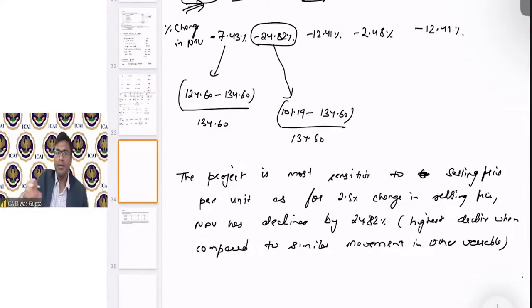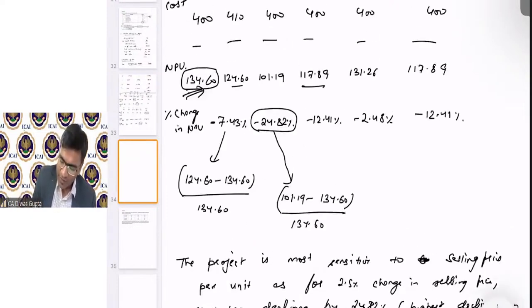Okay, I hope it is clear. Sensitivity, just to sum up, is basically to assess the impact of one variable on the NPV while keeping all the other variables same. Let's say I'm just trying to build on the concept through this only. If our selling price is the highest impacted, then I will try to minimize the risk of forecasting or the risk of estimation in my selling price.